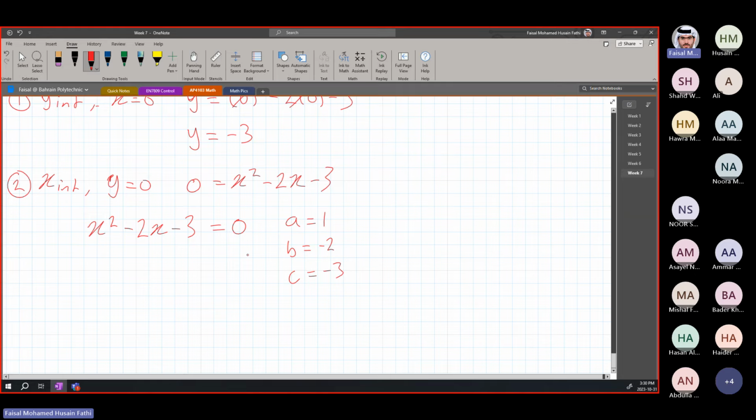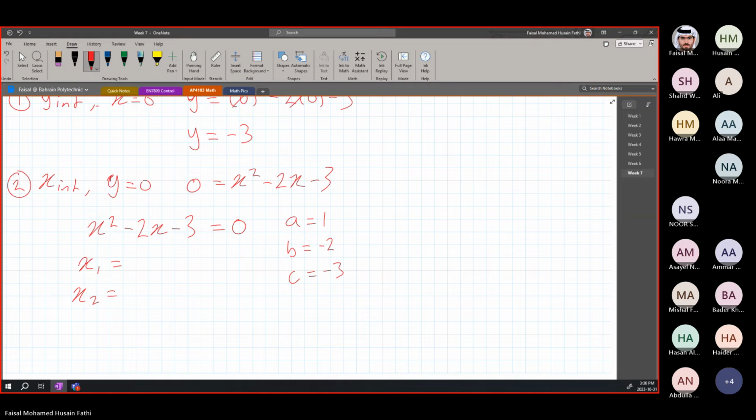x squared minus 2x minus 3. We can either use mode 5.3 on the calculator, which I will do now, to get x1 and x2, or we can use the quadratic formula.